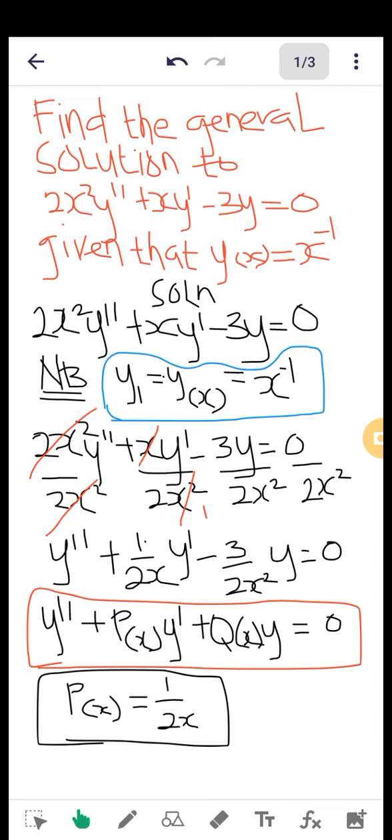We should always note that my y1, which is equal to y of x, which is x exponent minus 1, is the particular solution, which will be given in the question.